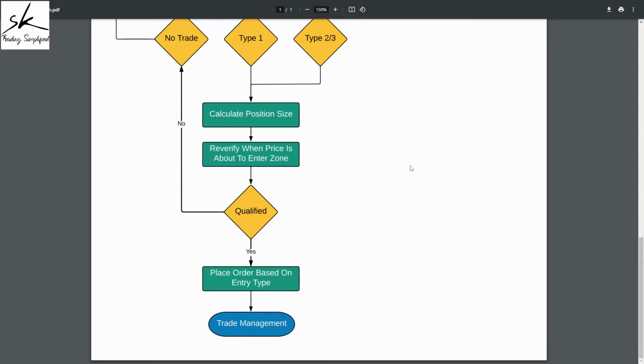We need that human element, which is experience. An algorithm can only do mathematics, it will never have experience, and that is where it lacks. The only automation I can do is the zones getting identified automatically and the symbols getting shortlisted for me, but then that experience has to be added.